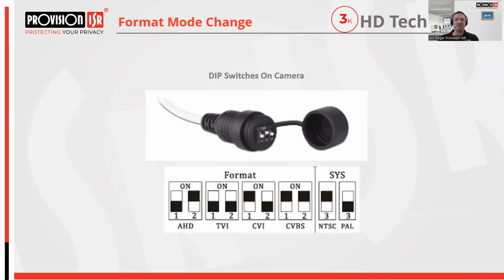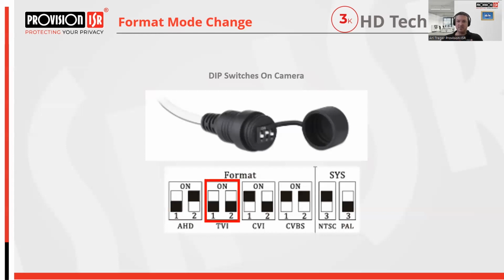Our HD cameras are all equipped with dip switches located on the cable next to your BNC and DC connections. The specific sequence of the switches determines the output technology. You'll find the dip switch map attached to the cable of the dip switch, and here are the configurations. If you require AHD, dip switch 1 must be in the off position and dip switch 2 in the on position.